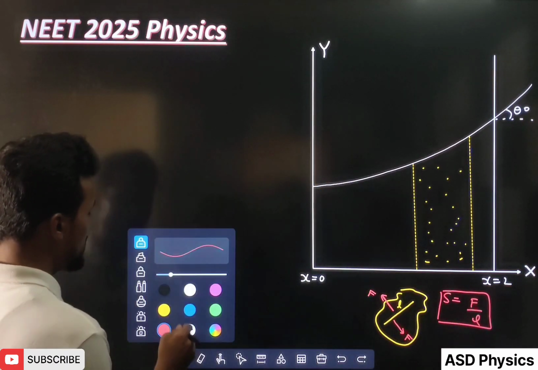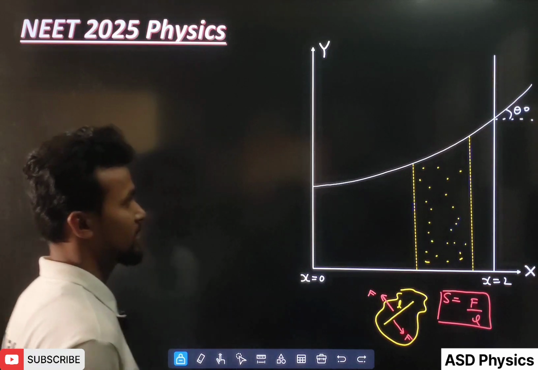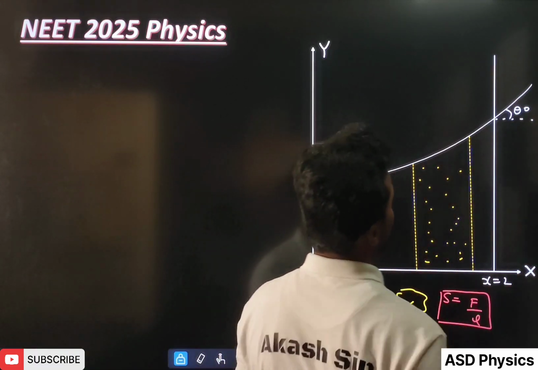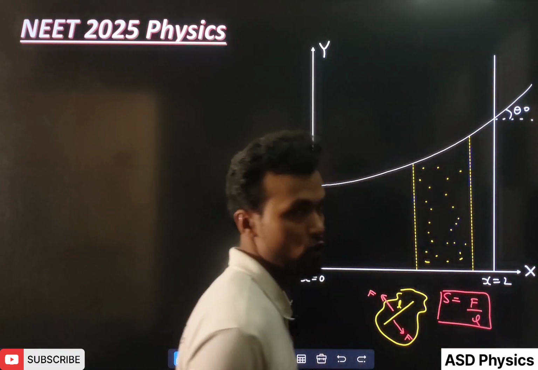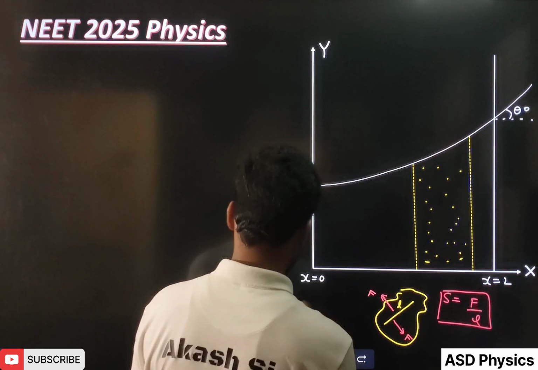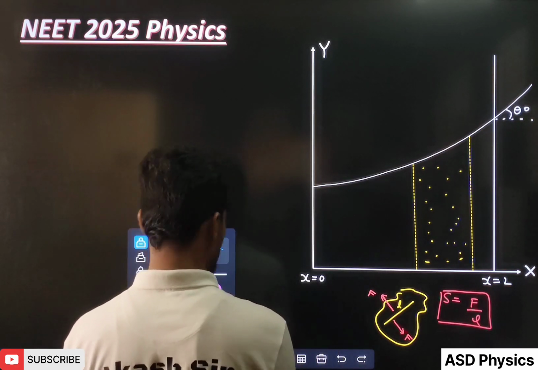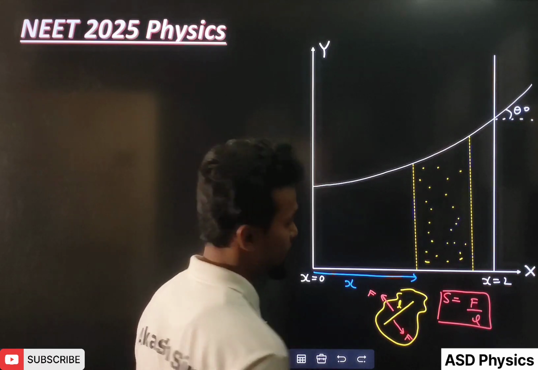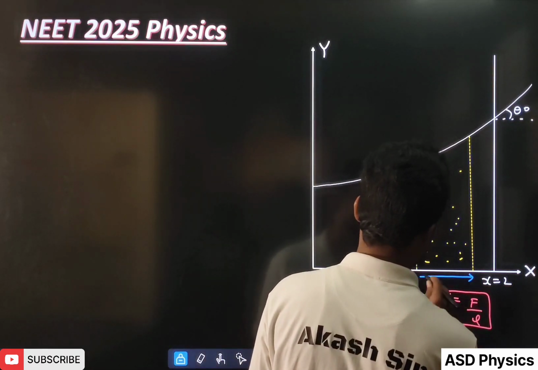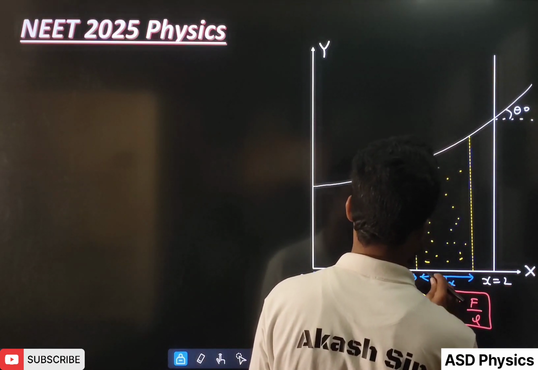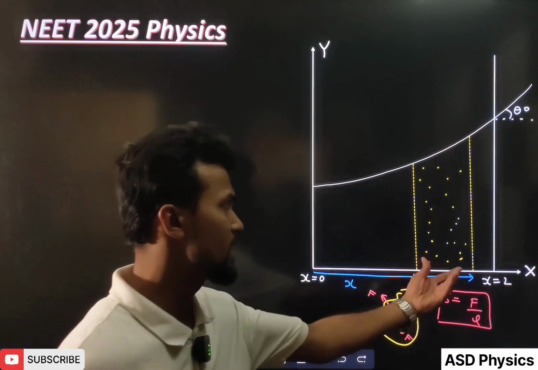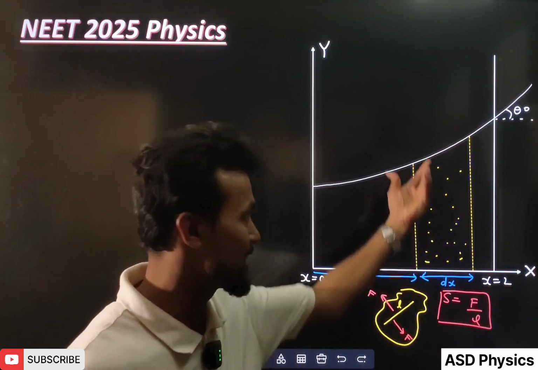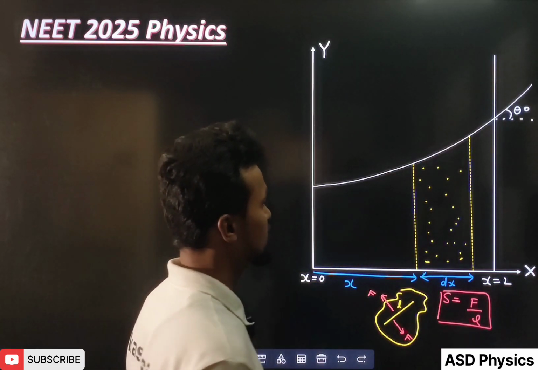Now we will use it. Everywhere liquid is there, but I have taken only this part of the liquid, at a distance of x. This very small length dx, I have drawn somewhat bigger so that we can see it.